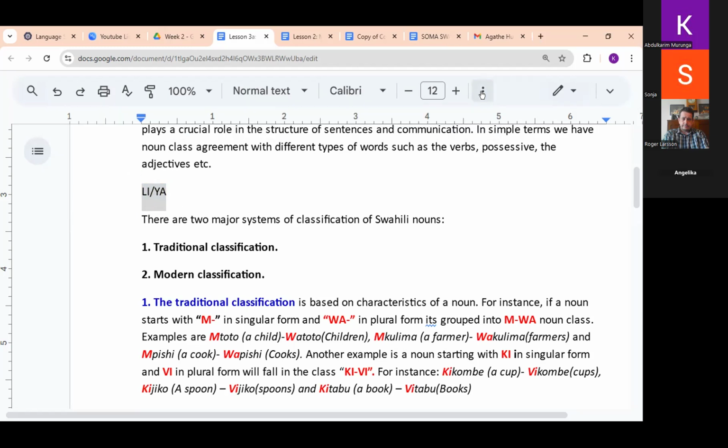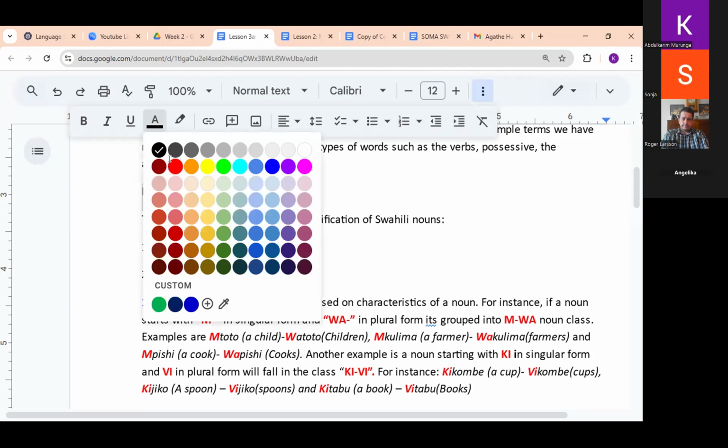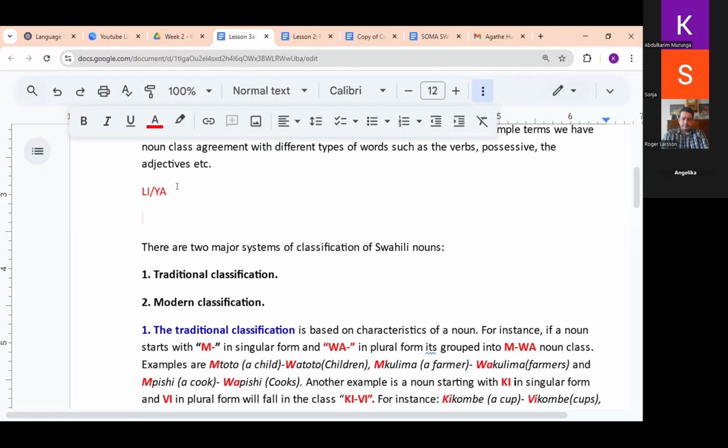Example: we can say jina lilipotea. Plural will be majina yalipotea.